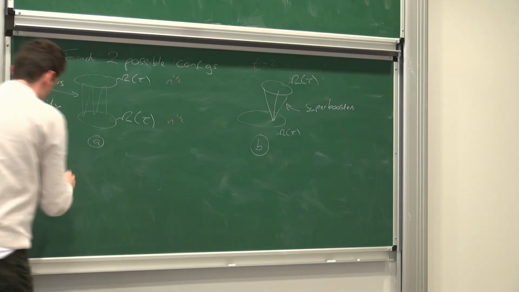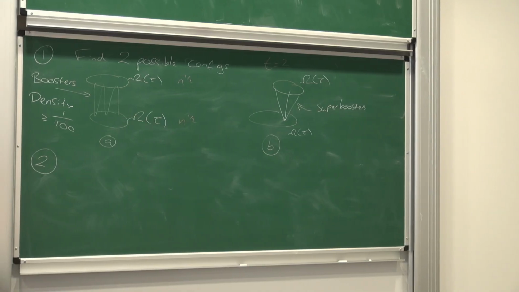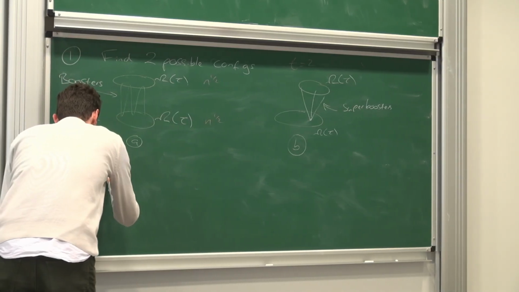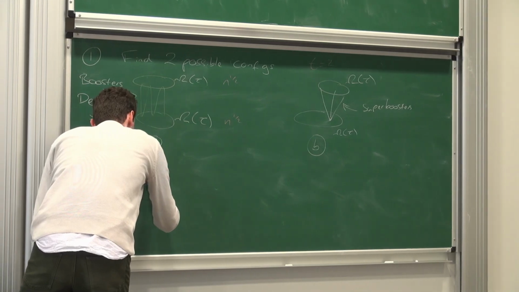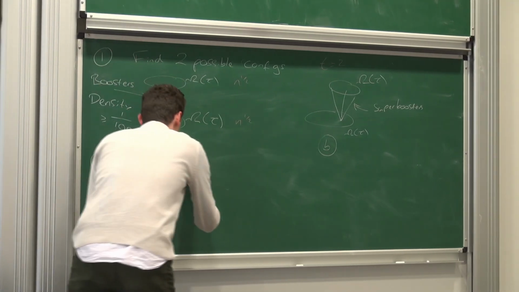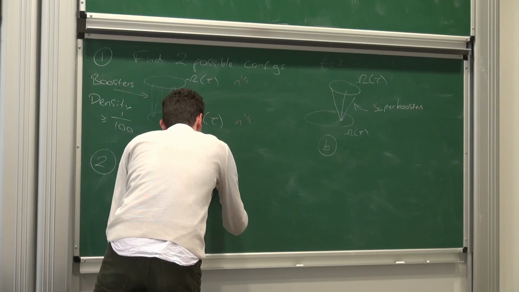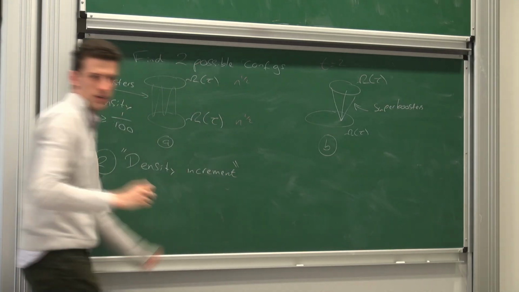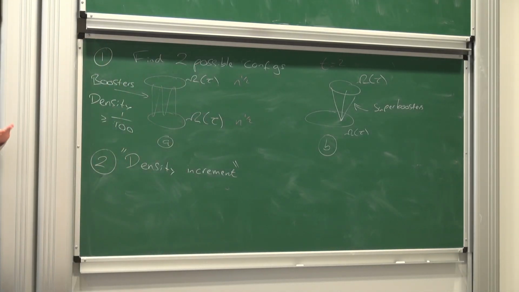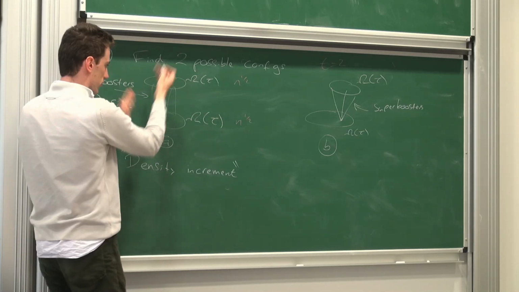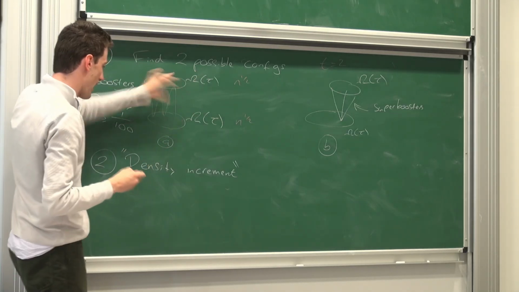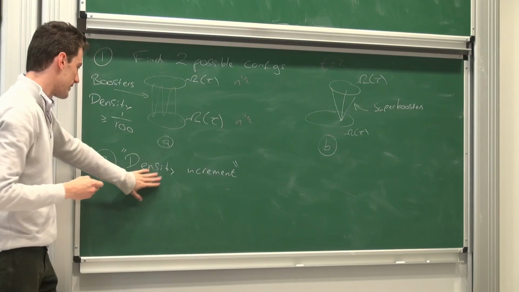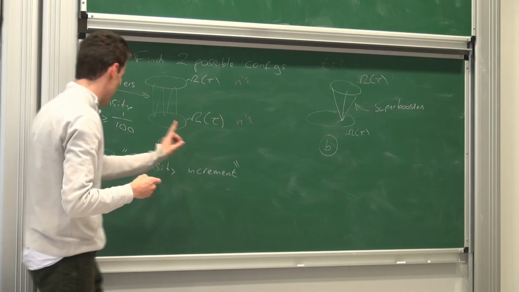Just to give you a sense of the style of argument, because I think my time is almost up, it is what you would call, in quotation marks, a density increment argument. Let me explain with reference to figure A, and it's not really density, it's not really increment, but let me explain.